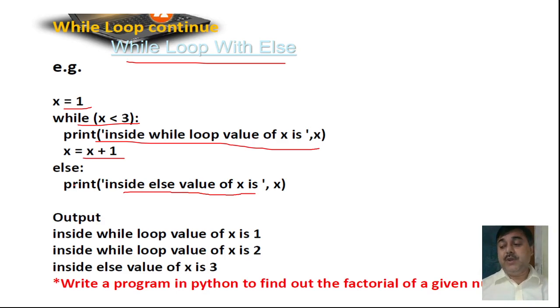First it printed the value 1, second it printed 2, and afterwards it printed the inside else value, x is 3. So when x is 3, it quits from here. Clear? This is a different way you can use the iterations of the loop.